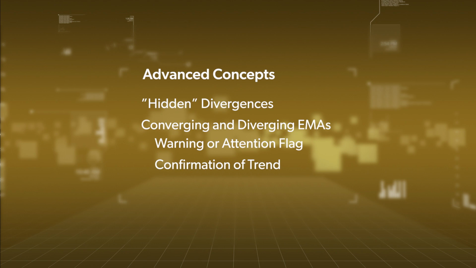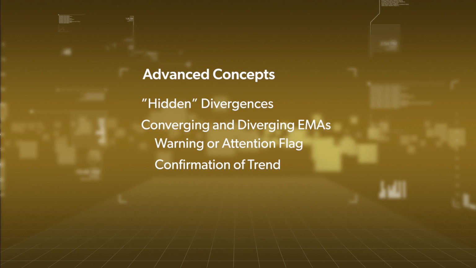All right, so let's talk about some advanced concepts here. And I'm going to slow down just a bit because these can be very confusing. The hidden divergences. We're going to look at something called hidden divergences. And I've seen these. They're not used in classical technical analysis. I've been studying for the CMT designation, and so far all of the materials that I've been reading for that, none of them discuss the hidden divergences.